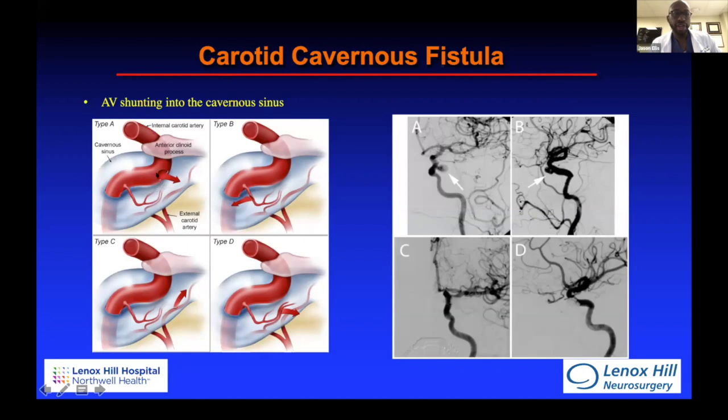There's a direct fistula from the internal carotid artery into the sinus. You can have it directly from the main branch of the carotid artery itself, or from a small arterial branch from the carotid. You can have a fistula from the external carotid system into the cavernous sinus, and these 2 types are illustrated here.